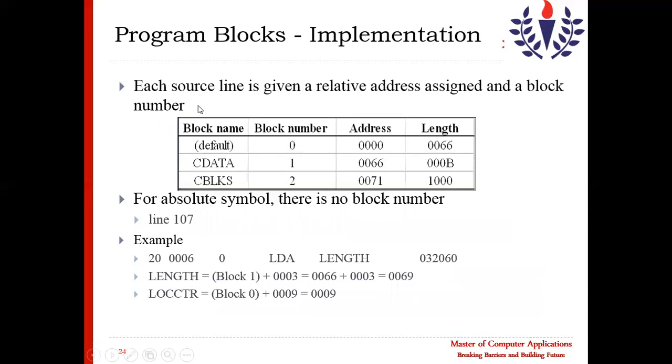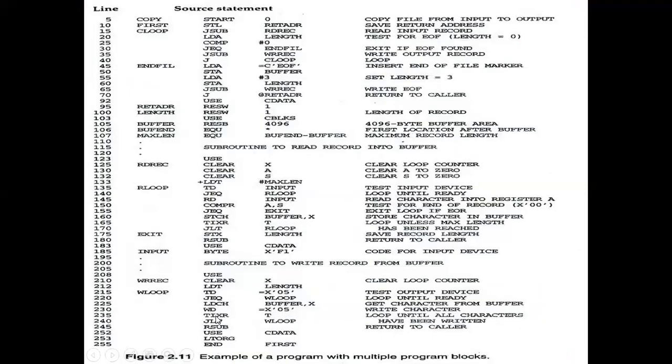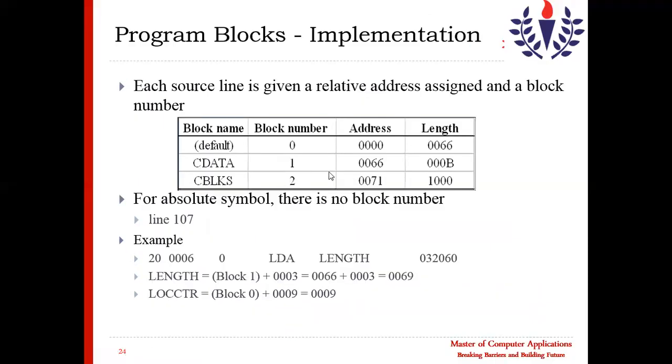Now each source line is given a relative address. It is explained here that each source line is given a relative address and a block number. The block name identifies a different block. Like in the program, I have given this block the name C data. So that is the block name, and then the block number 0, 1, 2, with addresses and length.